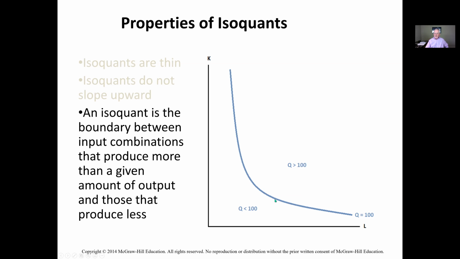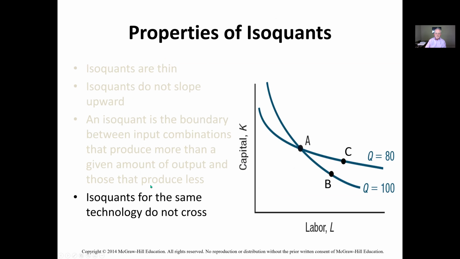Now we're talking about trading more of one input. As I move along the isoquant in this direction toward Q equals 100, I'm talking about adding labor and taking away capital. And I'm doing so in quantities of each such that their contribution to output exactly offsets one another. So there's no change in output.